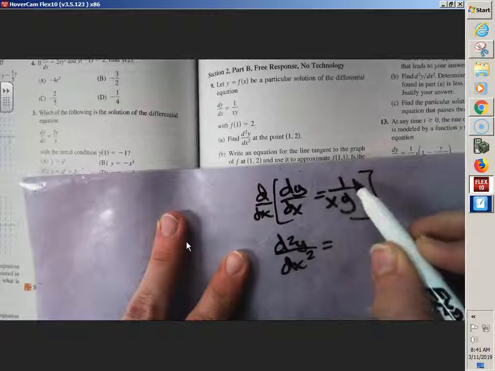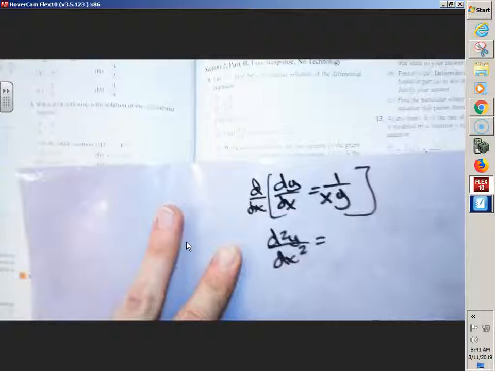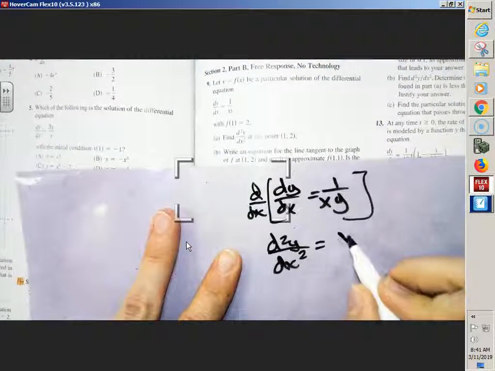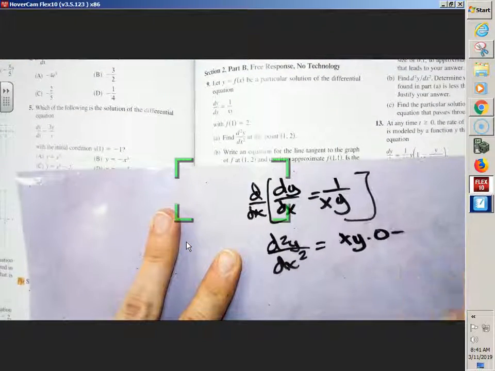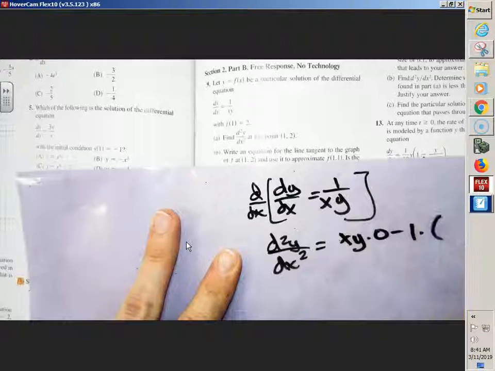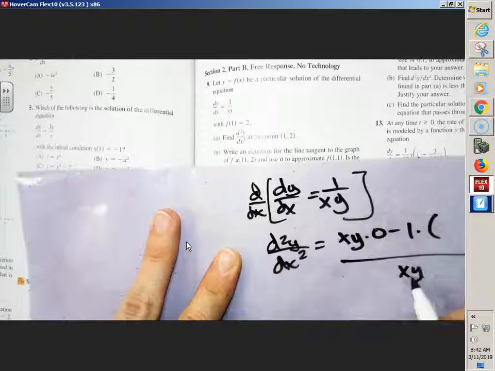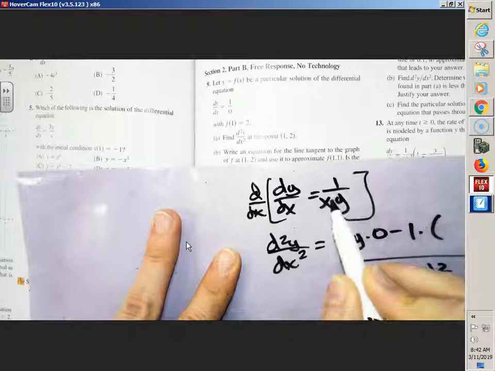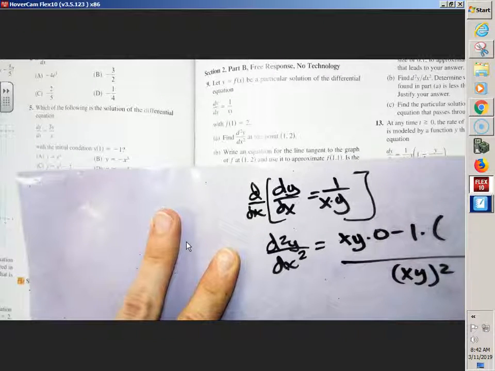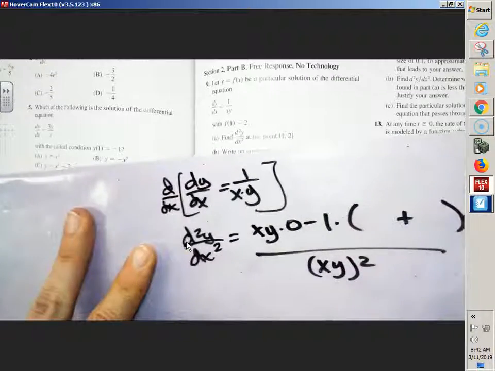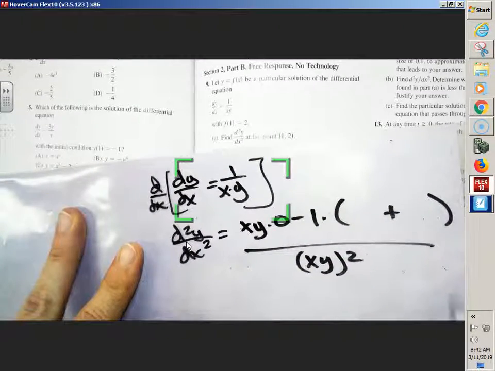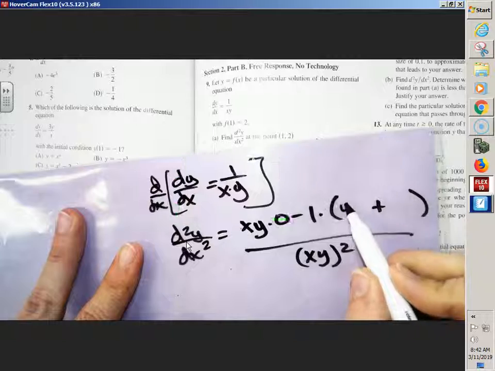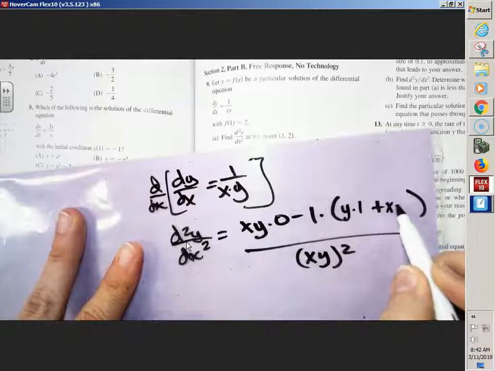Quotient rule? Can't I do bottom d top minus top d bottom? Why am I doing parentheses and a plus before doing bottom squared? Who is this? Isn't it a product? And doesn't product rule require second d first plus first d second?